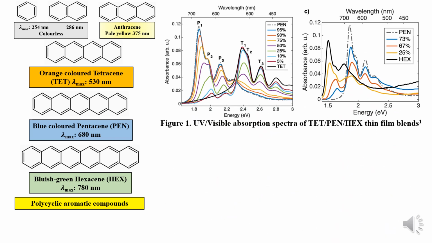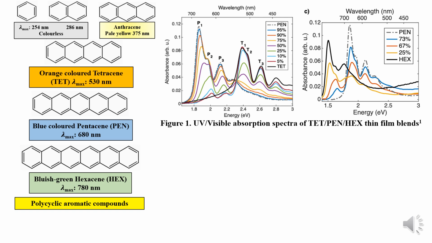Now here are the UV visible absorption spectra of tetracene, pentacene and hexacene. In the first spectra, P1 represents the lambda max of pentacene. It is around 680 nanometers. And T1 represents the lambda max for tetracene, which is around 530 nanometers.